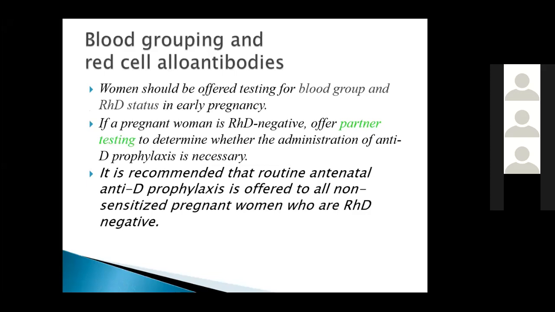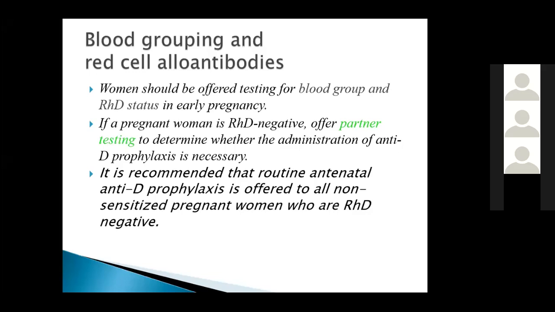Yes. Other is the blood group. Blood group is very important for women. Why are we going to offer a blood group? Because if the mother is blood group negative and the husband is positive, there are high chances that the baby can have a lot of antibody related problems.